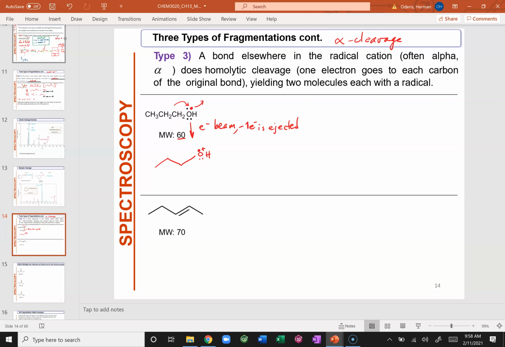All right. So here is the thing that is new. This is an alcohol. So the alcohol can undergo two things. The alcohol, and that's why I got confused last time. So the alcohol could do the loss of water, which is a type of fragmentation, but it can also do alpha cleavage. And so this is the alpha cleavage. Once for alcohol, this is how it works.